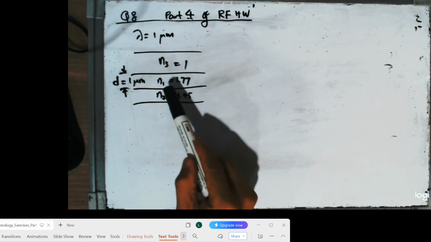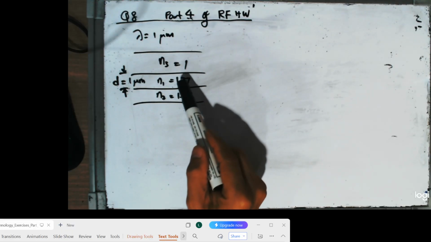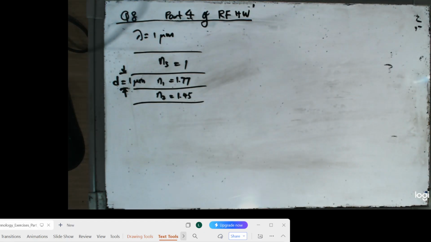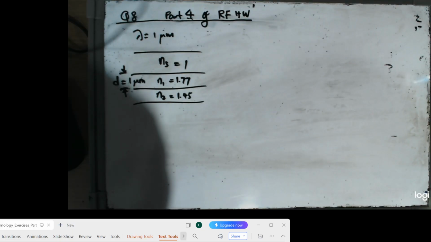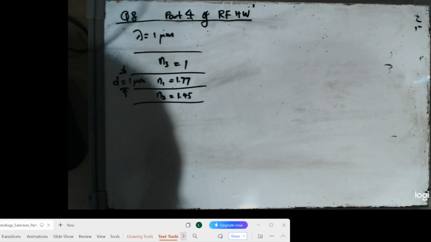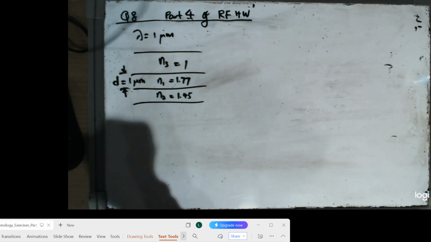N1 is the refractive index of the core, which is given as 1.77. N2 is 1.45. This is the silicate layer, and N3 is assumed to be air. So the refractive index of air is 1. The thickness of the core is 1 micron.